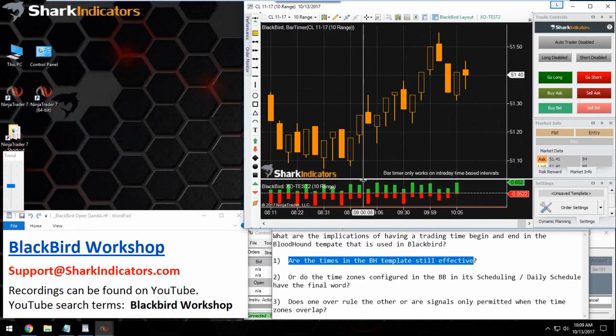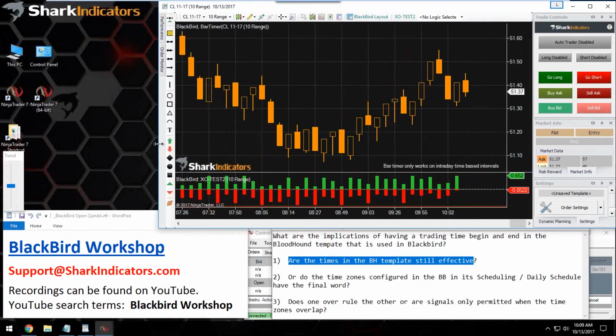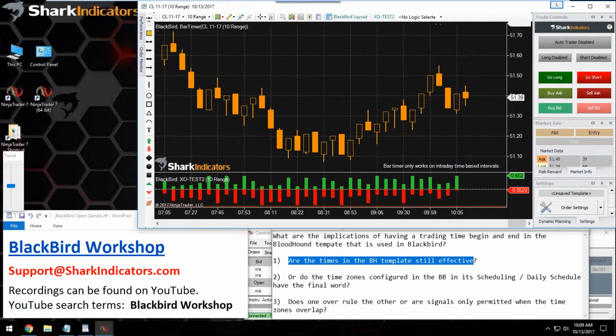Otherwise, NinjaTrader will lose the connection between the order and your strategy. In other words, Blackbird will no longer be able to manage any positions that it had opened after refreshing a chart. NinjaTrader loses that connection.